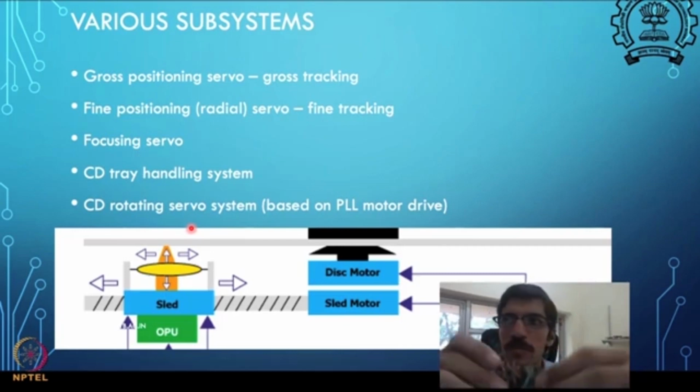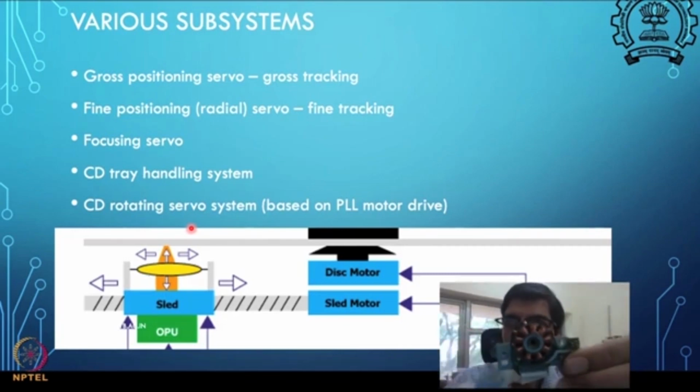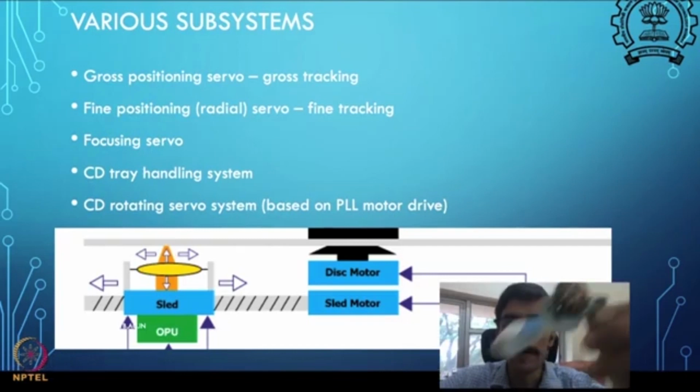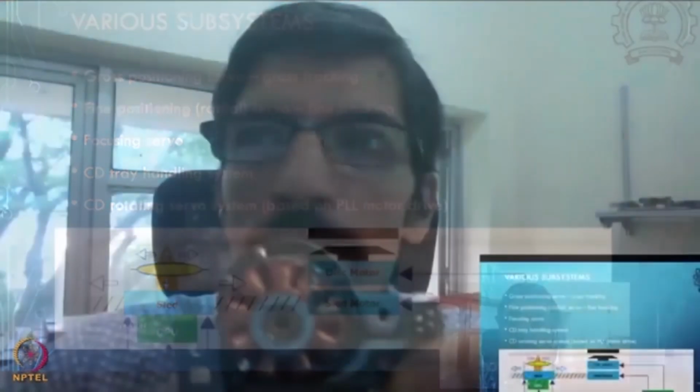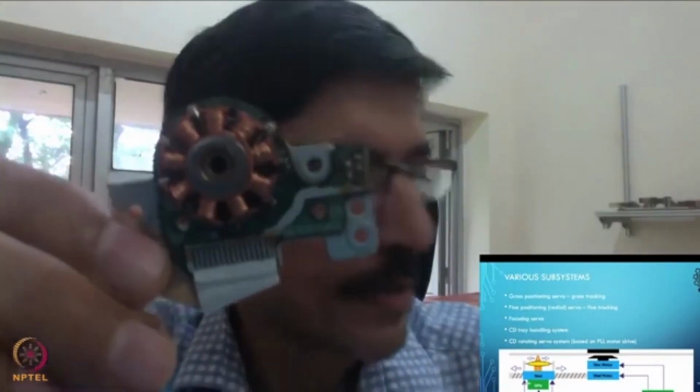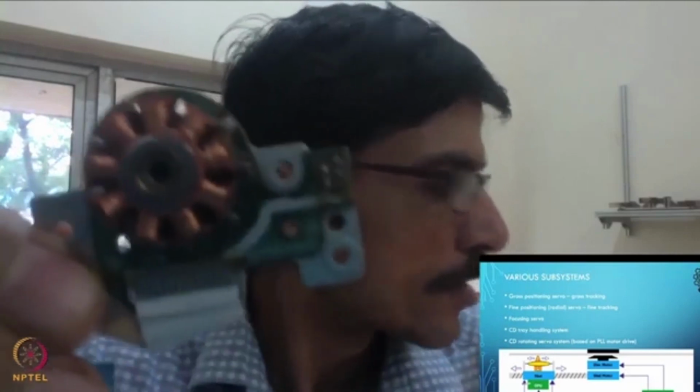If I go here, you can see this is an opened-up CD servo motor, and its cover you can see up here. So this is the cover of the motor, and this is the motor opened. You can see that, right?